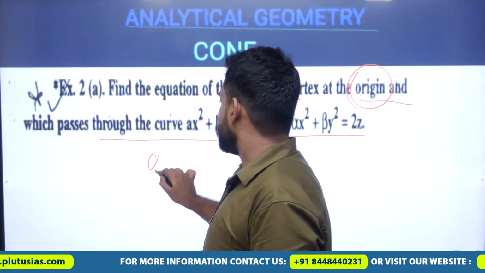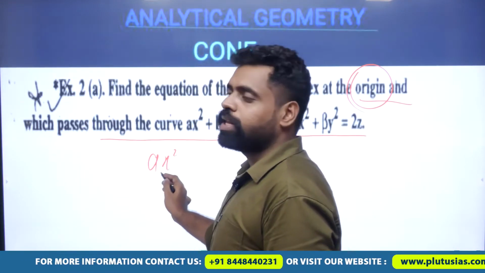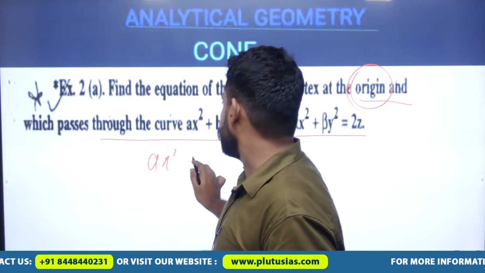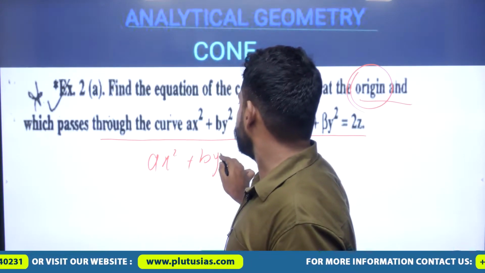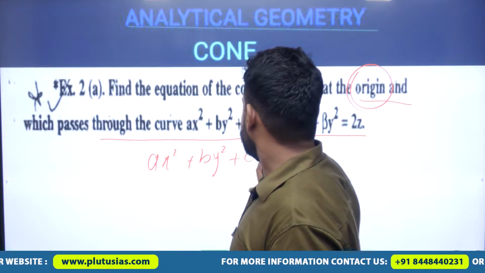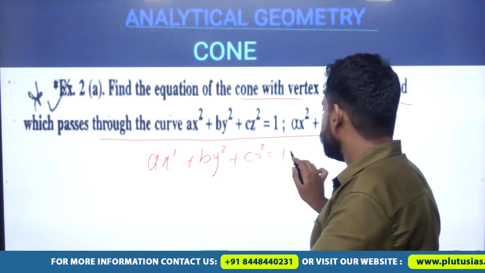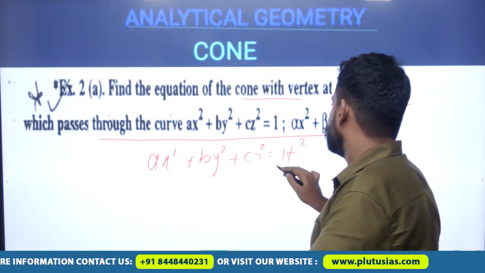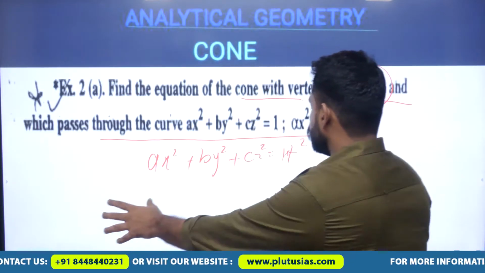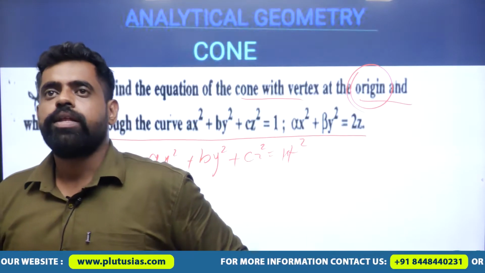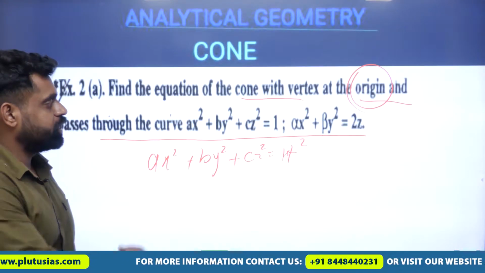It is ax square, by square, cz square; you don't have to make these second order because they are already in the form of squares. For 1, we can write 1 into t square. Now this whole equation is homogeneous in nature.